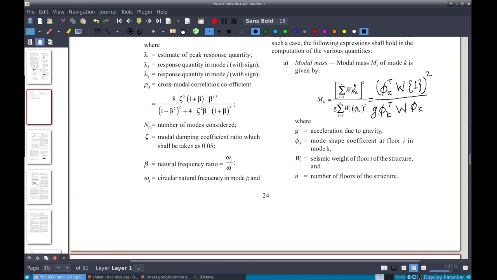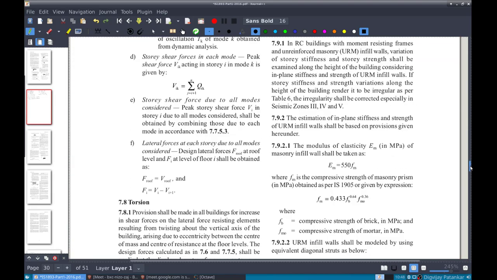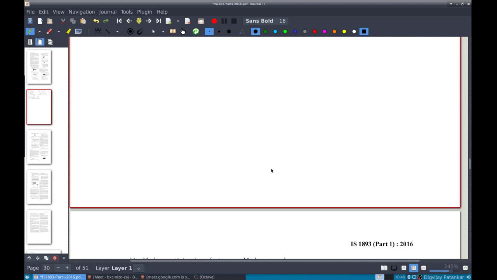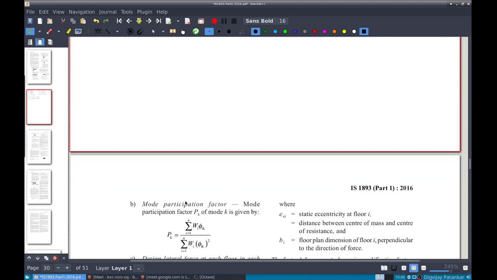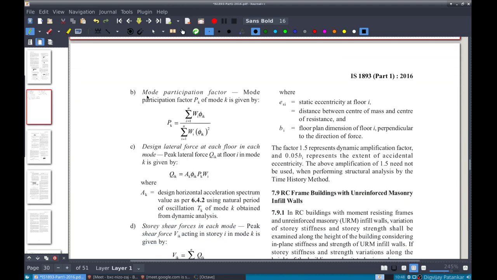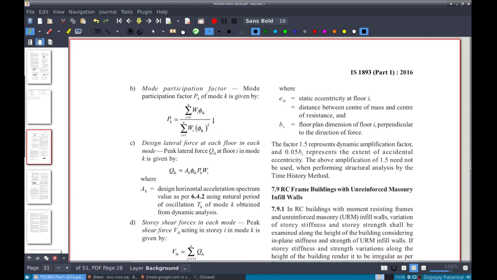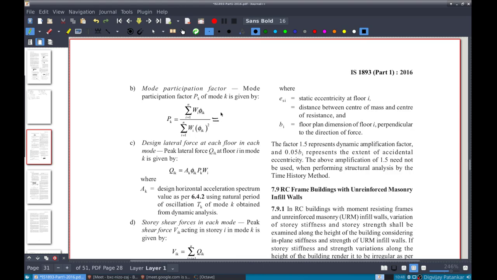We started with this A part, just follow it with the remaining parts, that is B, C, D and so on. So the B part is to find out the mode participation factor, and this is given by this. Again, I always like to use matrix notation, because I feel it is easier to remember.